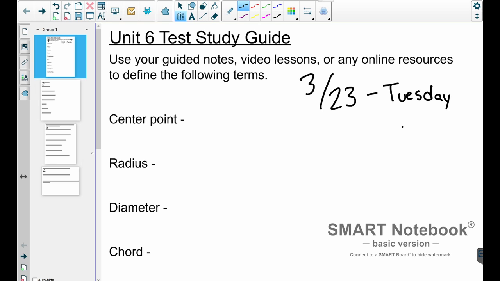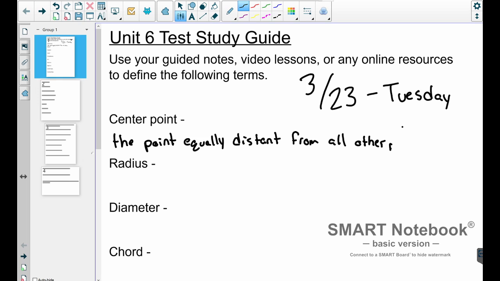So let's look at center point. The center point of a circle is the point equally distant distance from all other points on a circle.